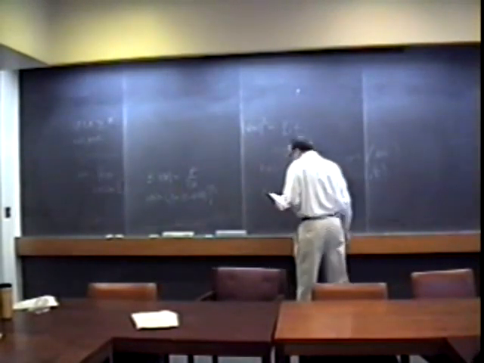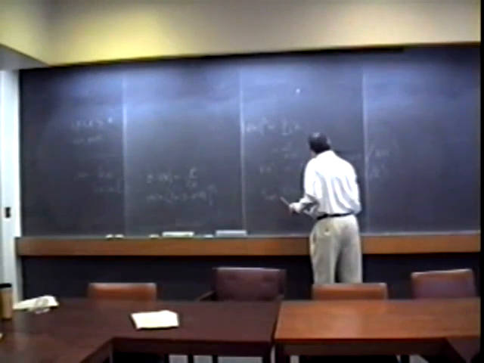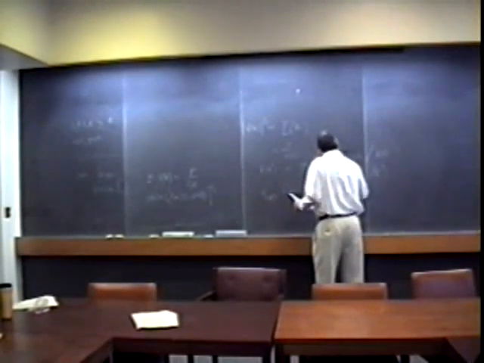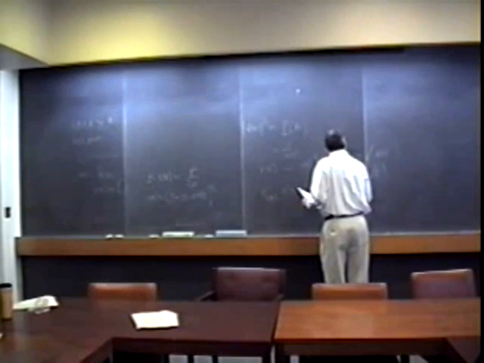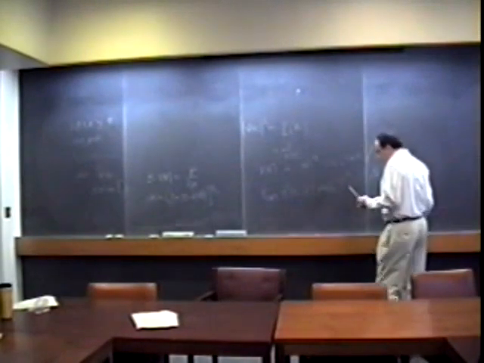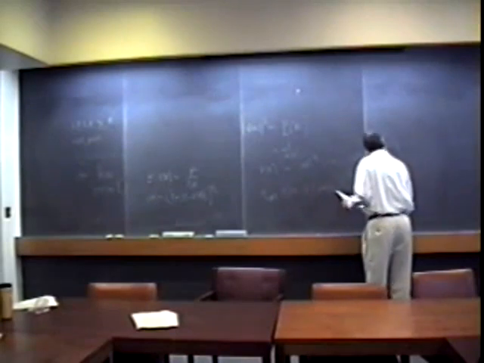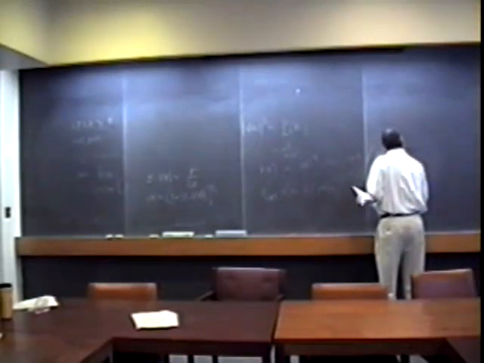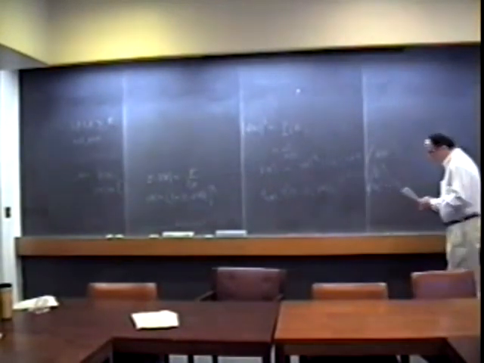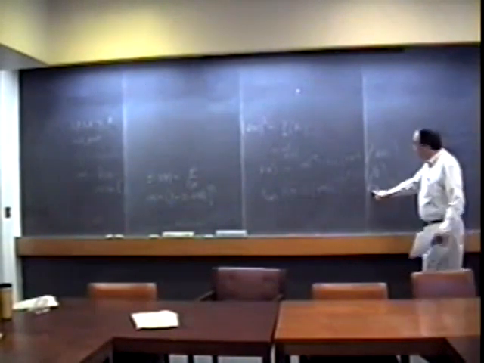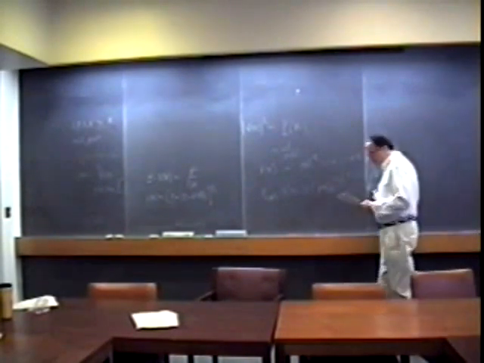Some normalization constant, 1 over the square root of p of r over h bar, sine of phi of r plus pi over 4. So this is the accumulating phase.